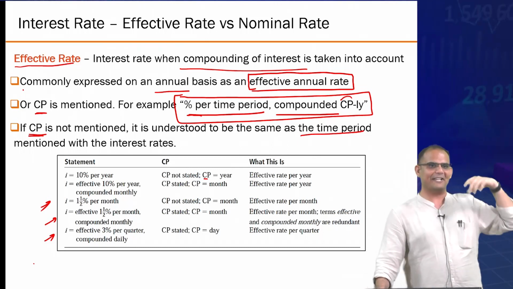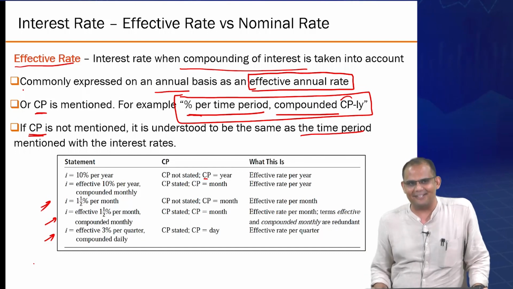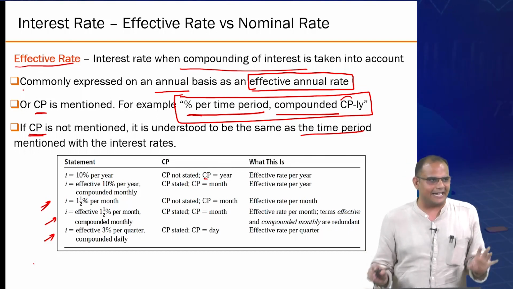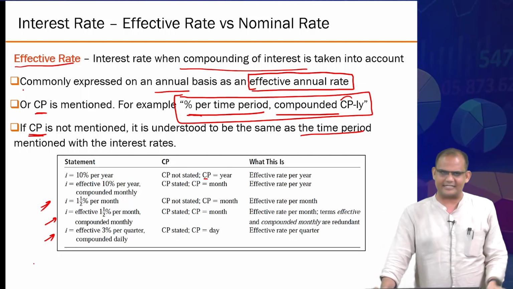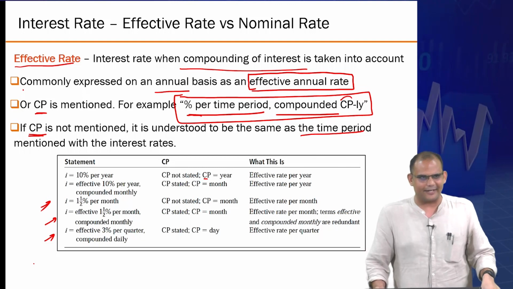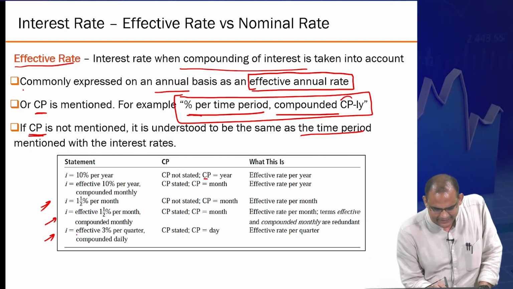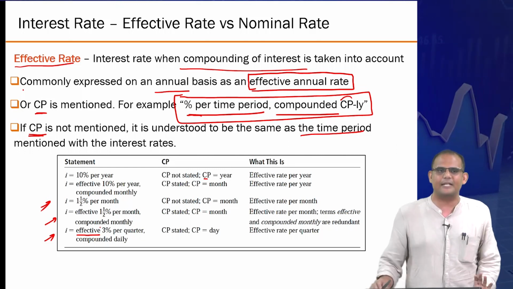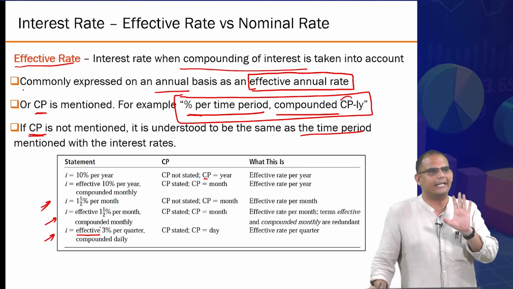So I will say 91 days instead of 90 days. Yeah, we can all argue about that, but by default it is approximately 90. Or you can be more precise, 91.25, and then adjust for leap year or whatever you want. But here essentially you have mentioned the rate effective 3% per quarter, but in this case the compounding is happening on a daily basis.